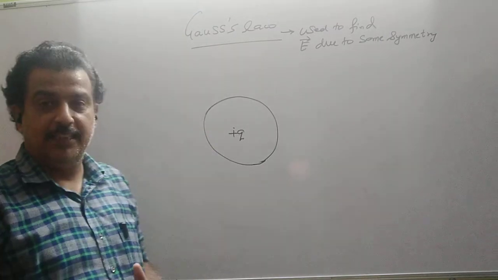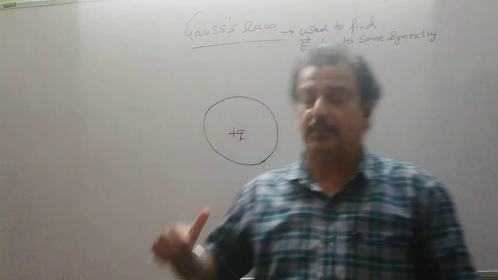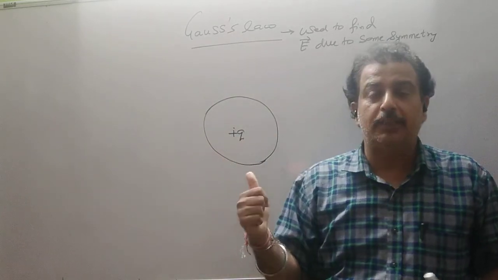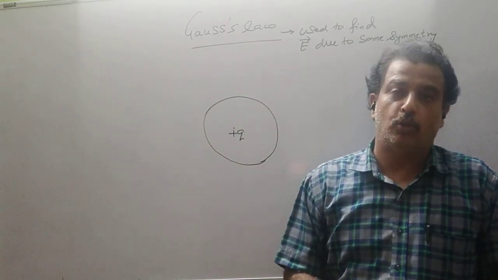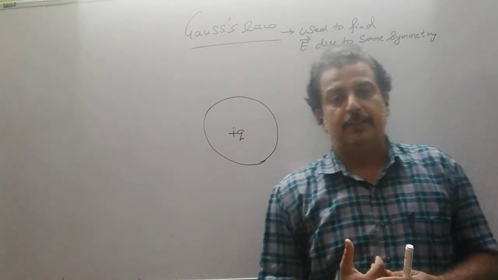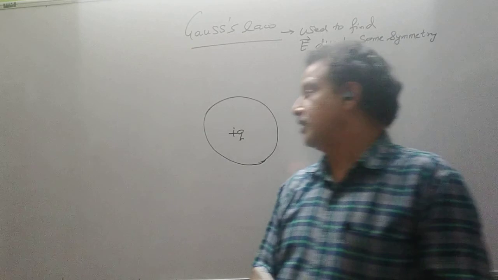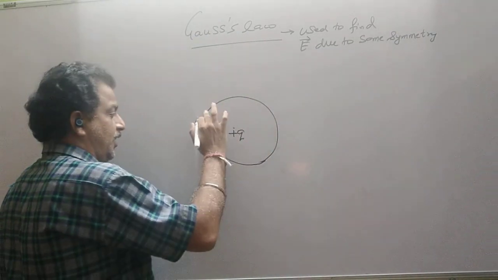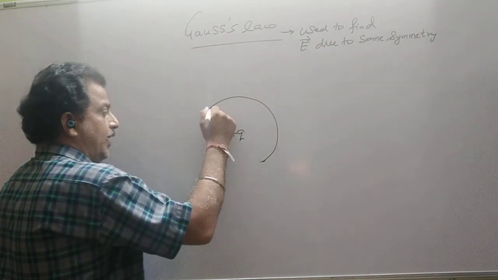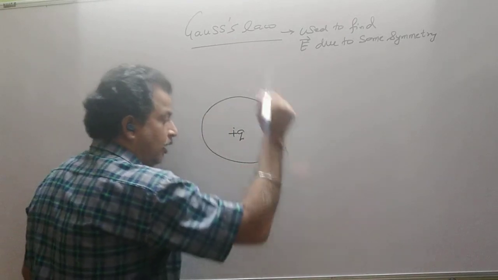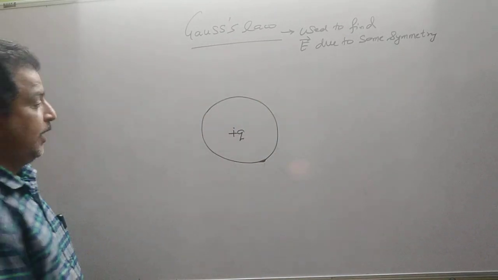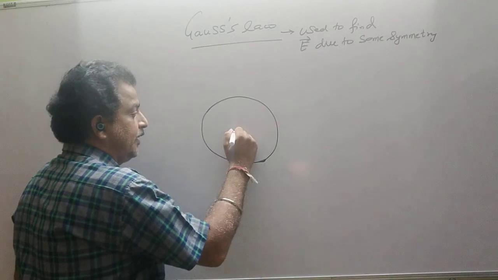Later on we will see the shape and the size of this surface will not make any difference to the Gauss law. So whatever result we will get, it will not depend on the shape and the size of this surface.